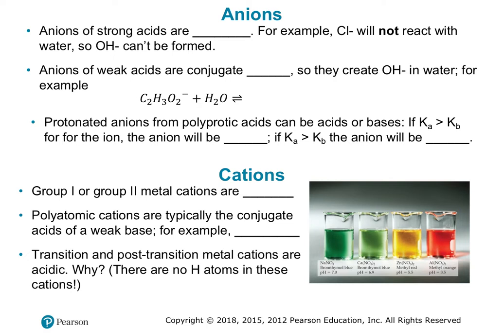When we have anions of a strong acid, so let's say HCl, when HCl breaks apart, it forms hydrogen and chloride. Now we know that hydrochloric acid is a strong acid, so the basicity of chloride is negligible, meaning it's not going to react with water to do anything.